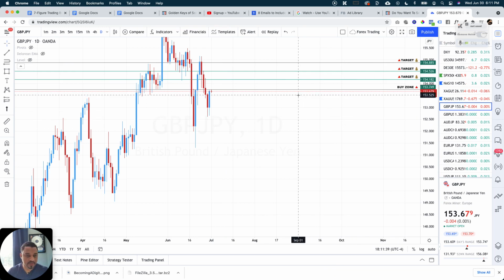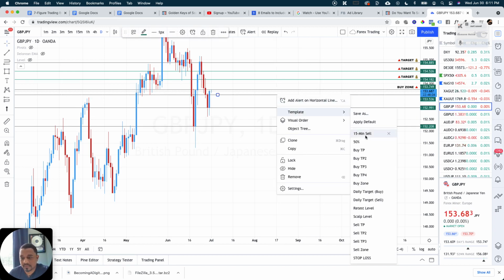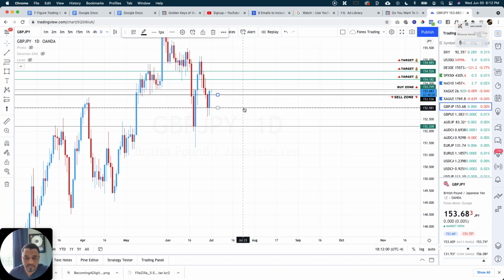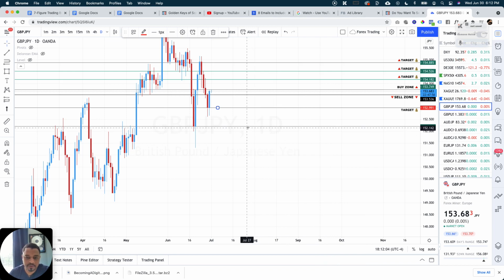My sell zone will be right here, and then I would target these twins, these pairs as I call them. Of course, we get many critiques about this, but again, I don't trade to please people.